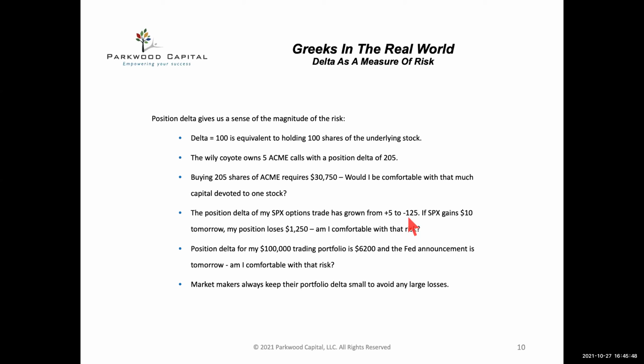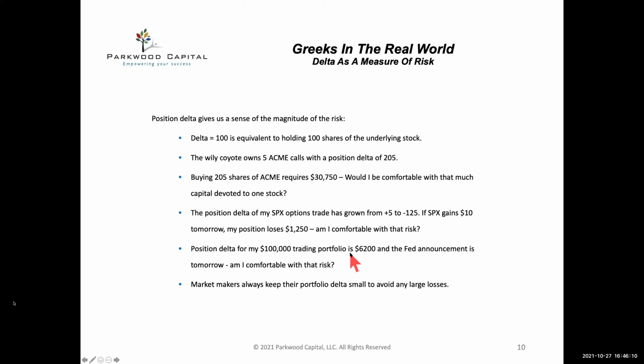My delta has moved to a negative 125. That means if SPX goes up $10 tomorrow, my P&L is going to be down by $1,250. And so that's how you can look at the delta for your position and get a feeling for whether I'm getting into a place where I'm not too comfortable with this.